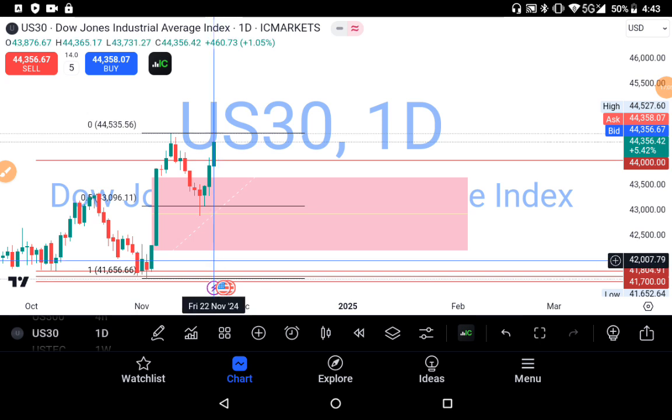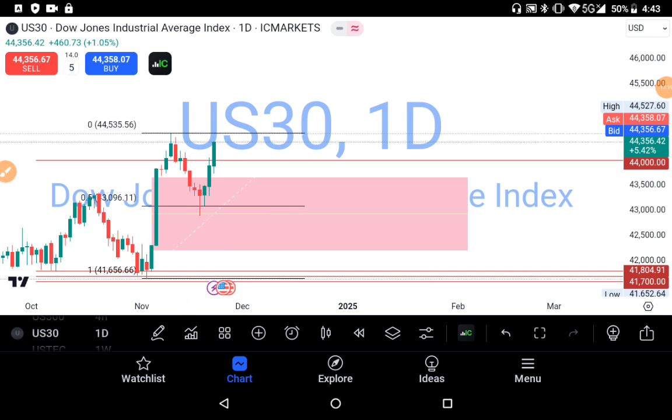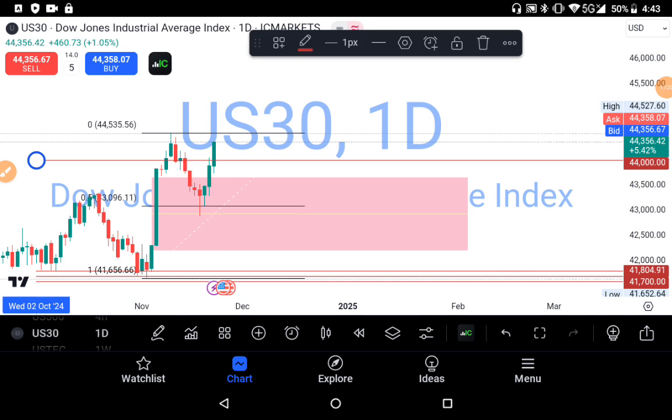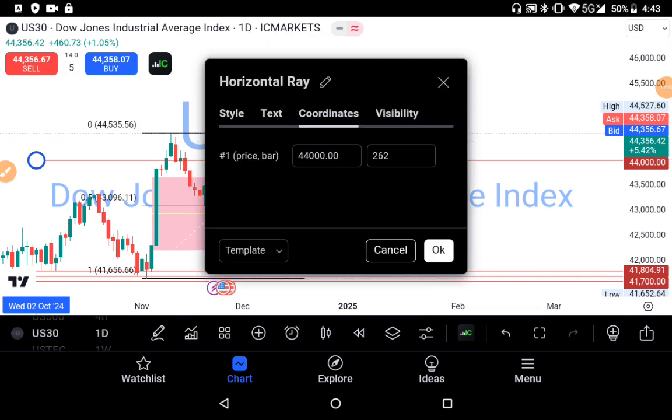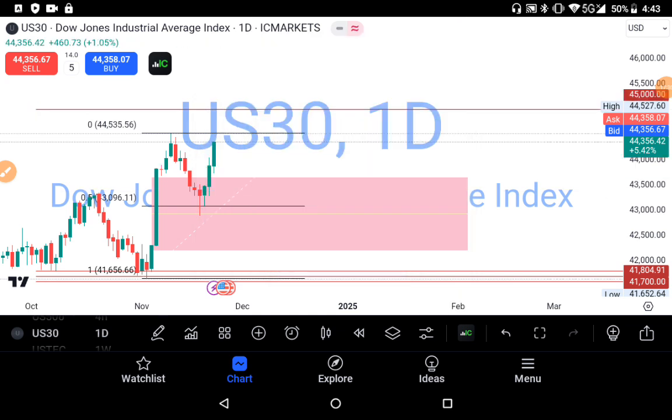The high of this candle comes in at 44,365. So let me change this to 45. 44 has been my interest, but it has been delivered. So we'll go for 45,000, the market price delivering 45,000.